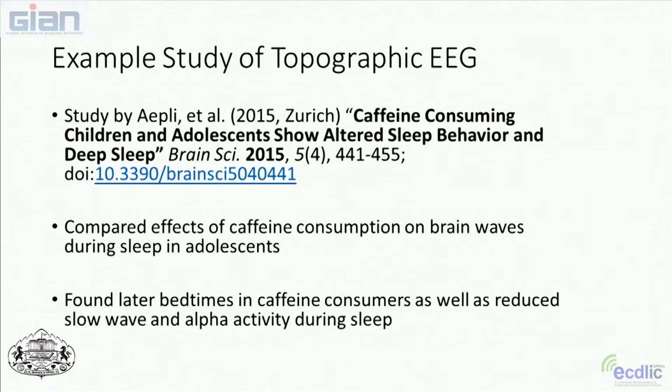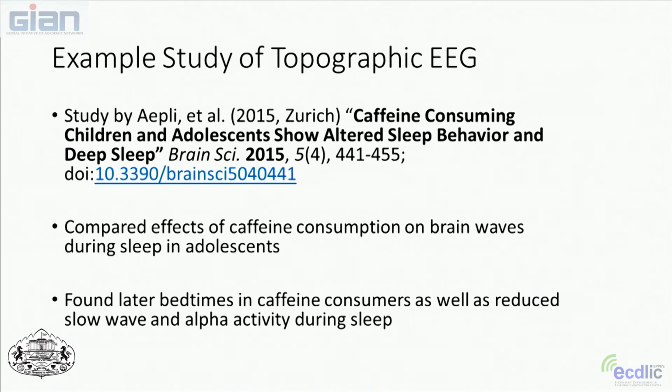Okay, so I'm just going to show a brief example of an EEG study that I found in the literature that uses this time frequency analysis. They were looking at caffeine-consuming children and adolescents and how this alters their sleep behavior in deep sleep. For deep sleep, we're going to be looking at slow wave activity, okay?